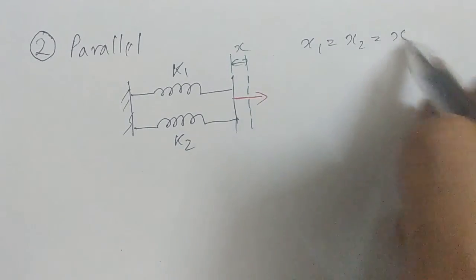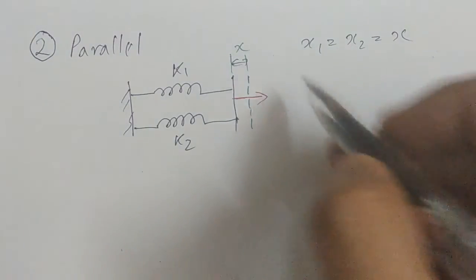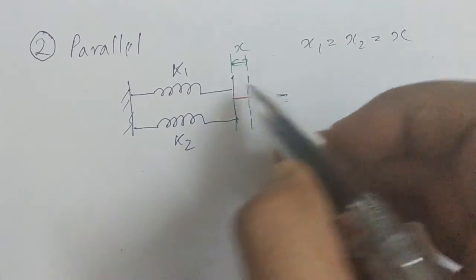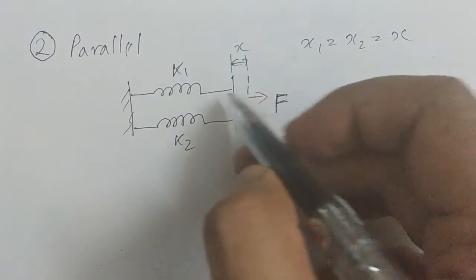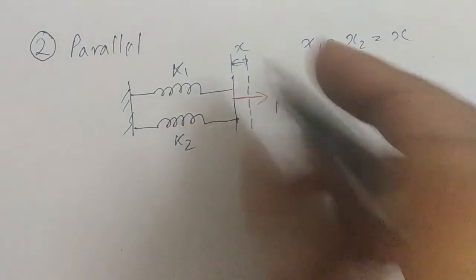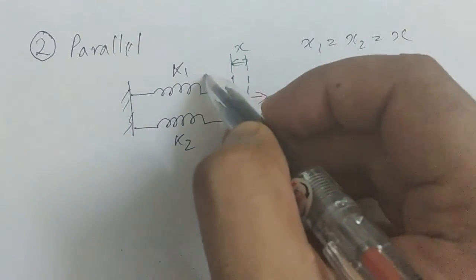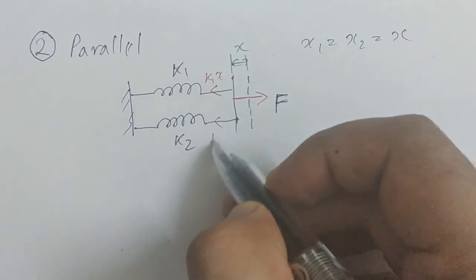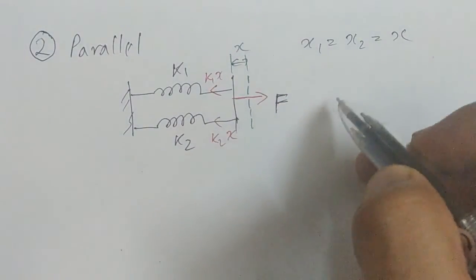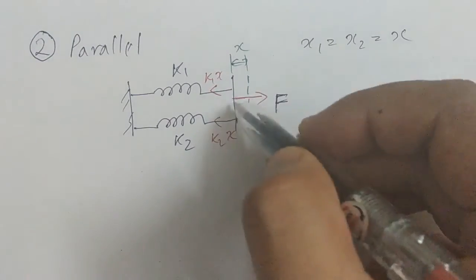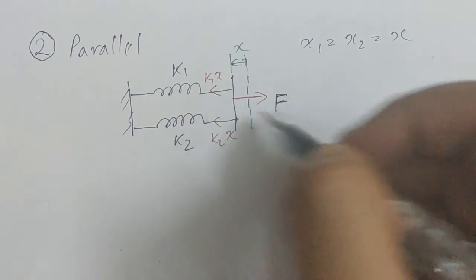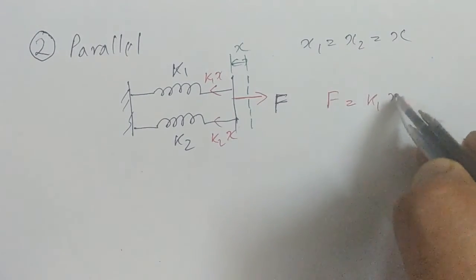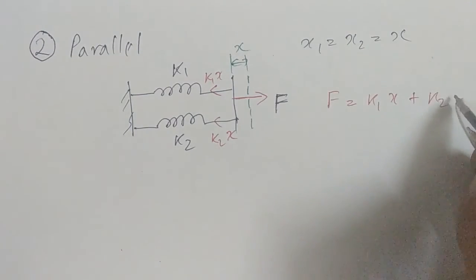Due to this force there will be a restoring force developed on this spring, that is K1x, and in this spring K2x. Now by equilibrium we can say that this force F is equal to K1x plus K2x.